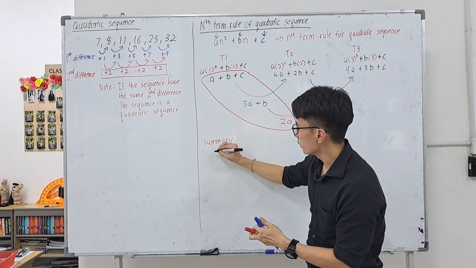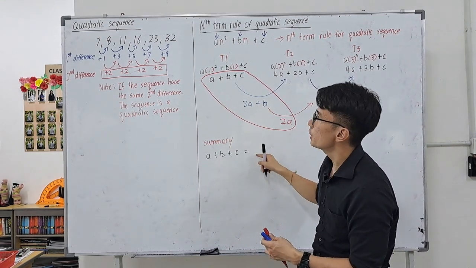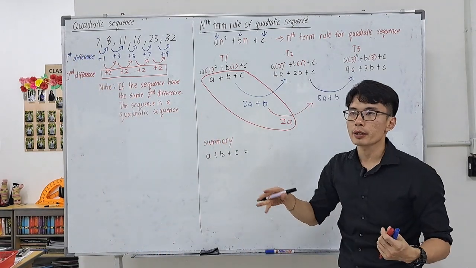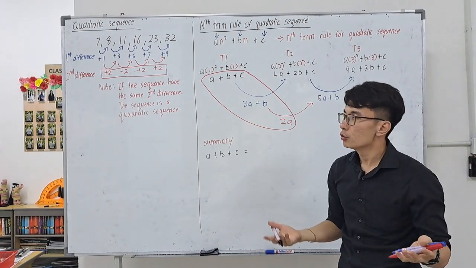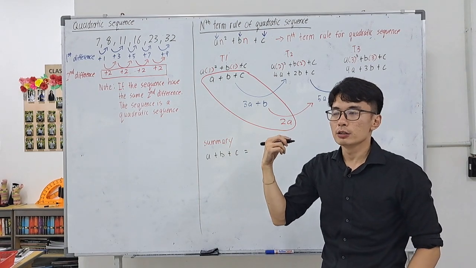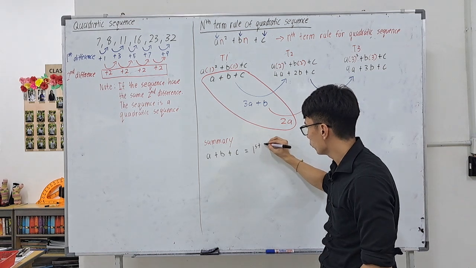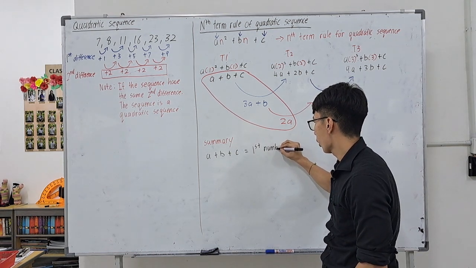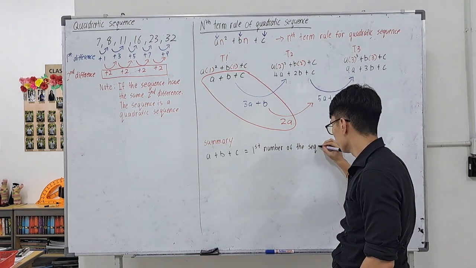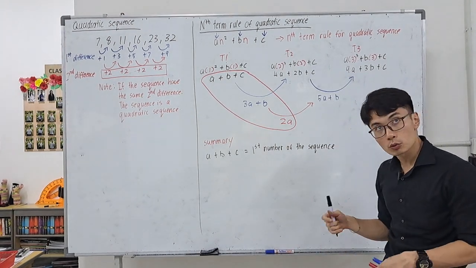I have my A, B, and C, and that will equal 7. But I do not want to write 7 here because I want to write a general word to express this as a formula. 7 here is the number of the first term, correct or not? It is equal to the first number of the sequence. That is what A plus B plus C is equal to.